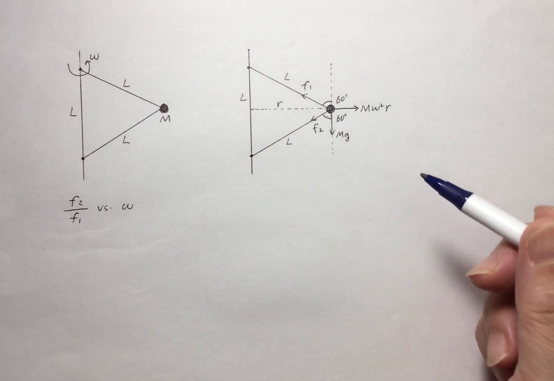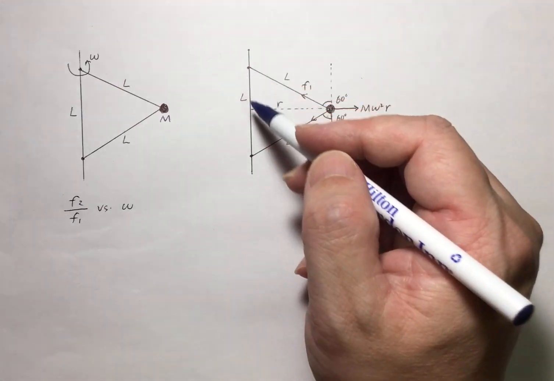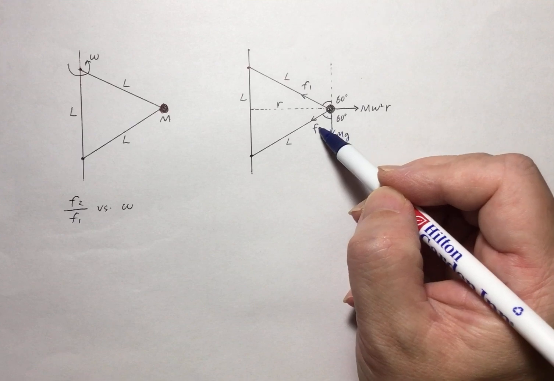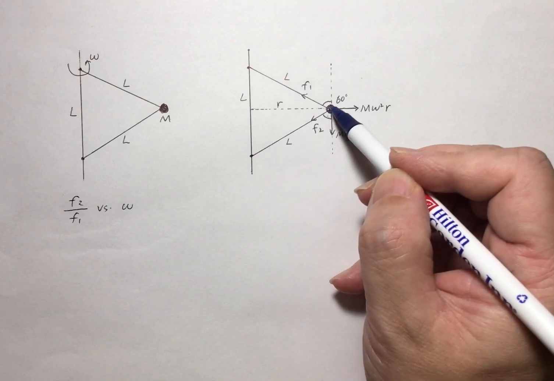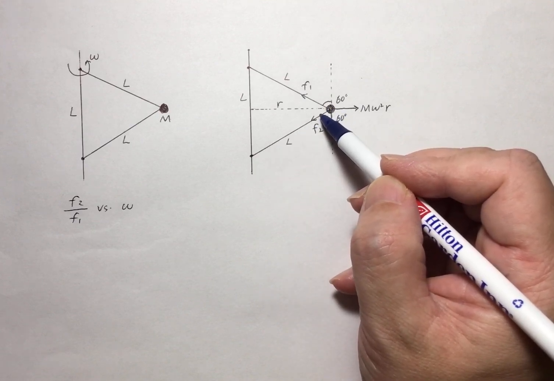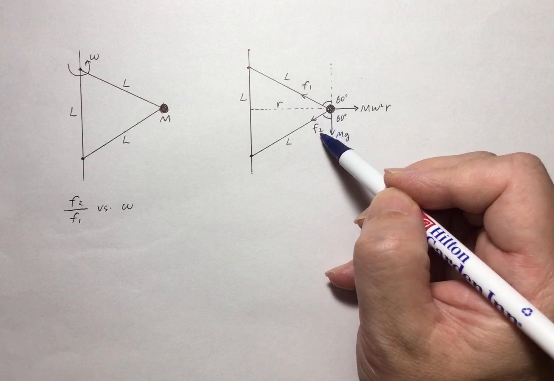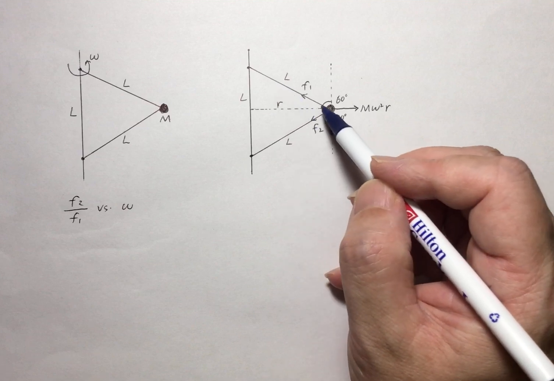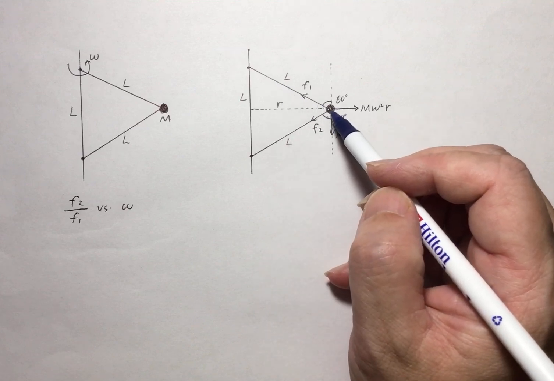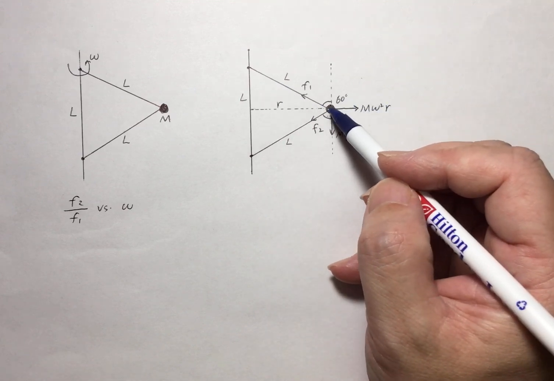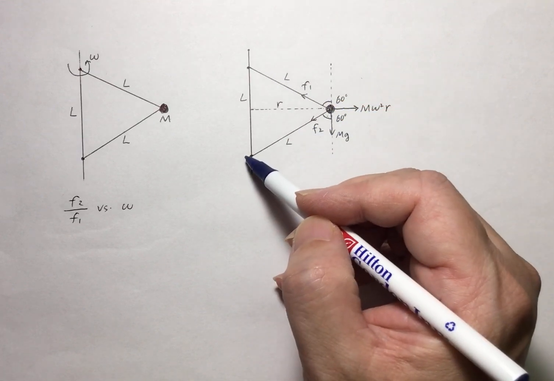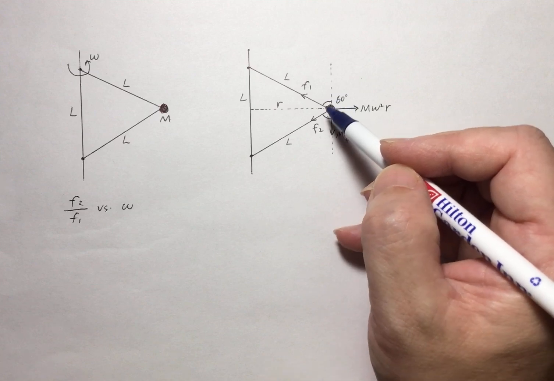We know that when the angular velocity is very, very low, the lower string will be relaxed. That means F2 should be 0. So in the very beginning, when the mass is rotated very slowly, most likely we will not maintain this triangle.